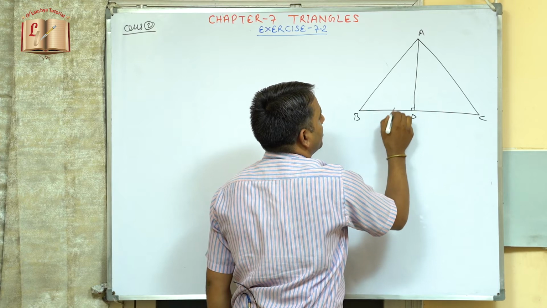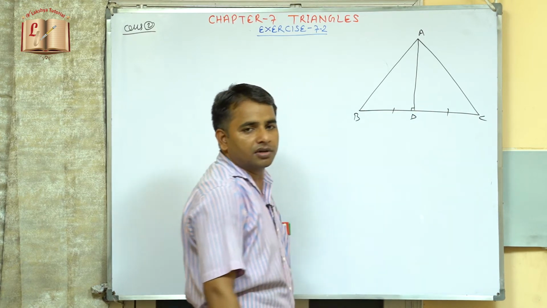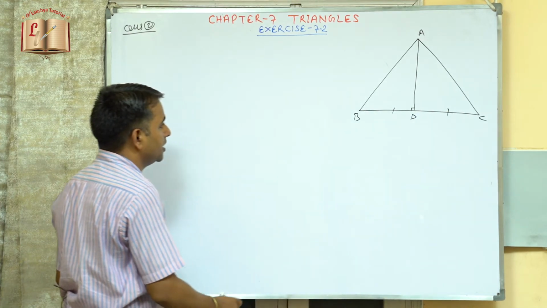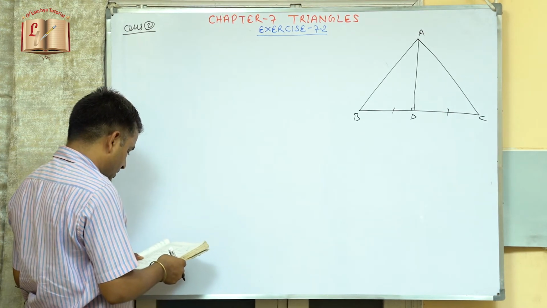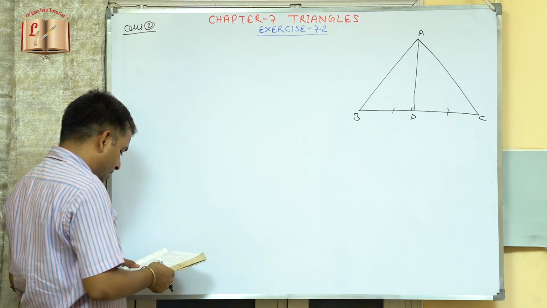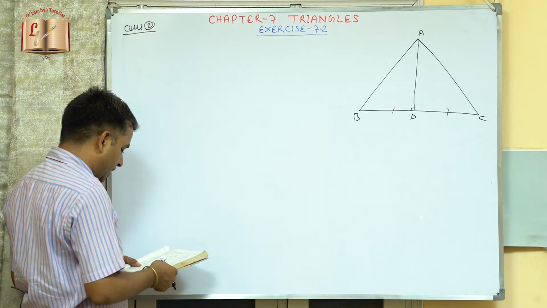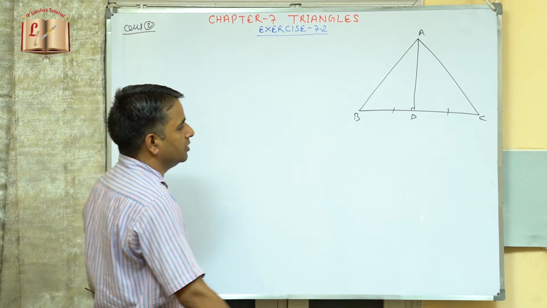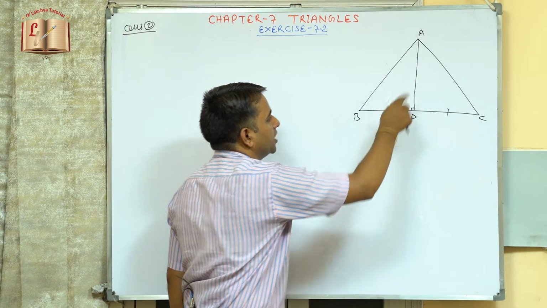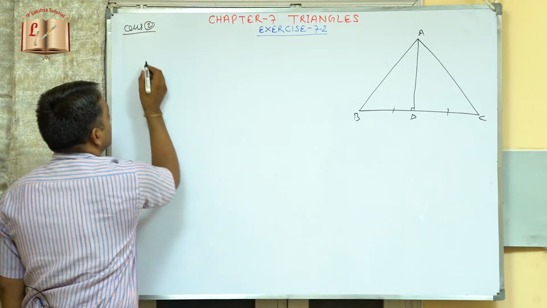So this is perpendicular and these two sides are equal because the perpendicular bisector is given. So AD is the perpendicular bisector of BC, so that triangle ABC is an isosceles triangle with AB equals AC. So we need to prove that AB is equals to AC.